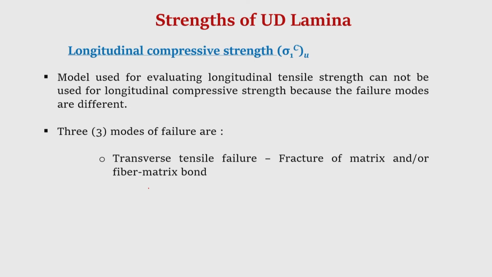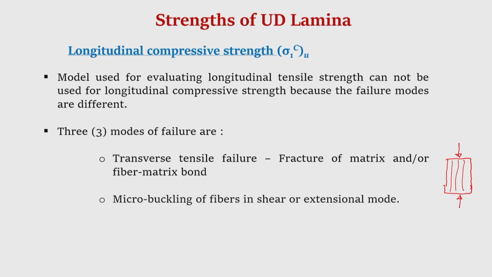Suppose a composite is subjected to compression. There are 3 modes possible. One is transverse tensile failure, then micro buckling of the fibers, and shear failure of the fibers.